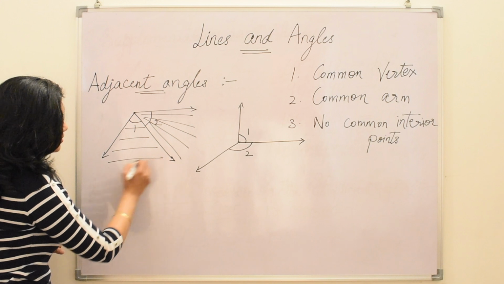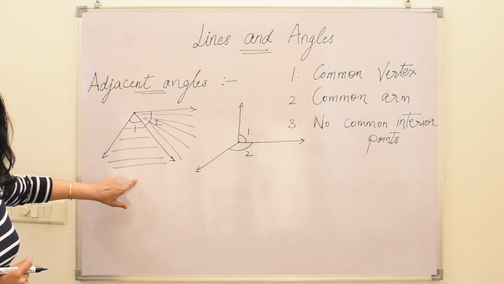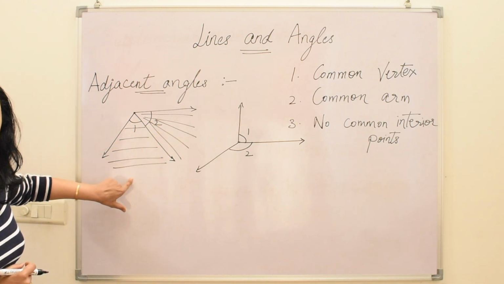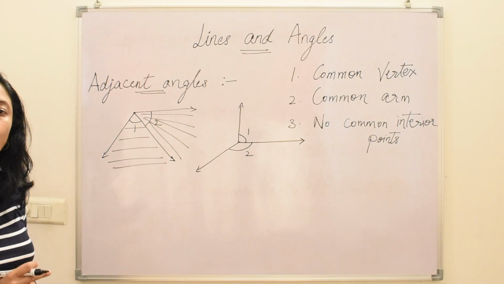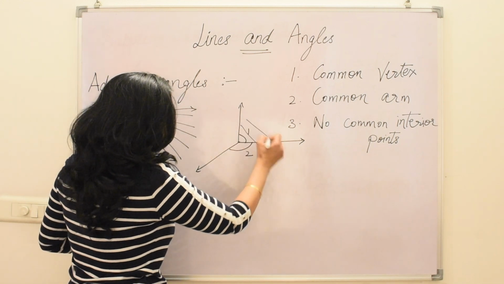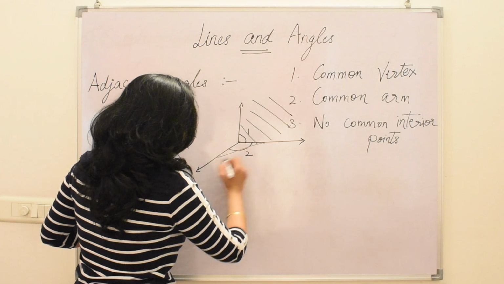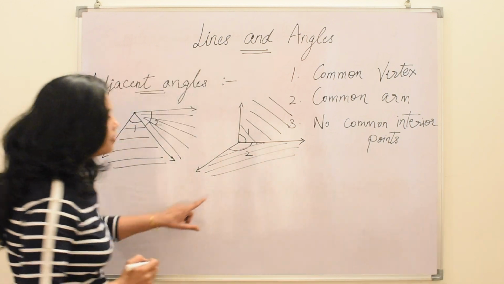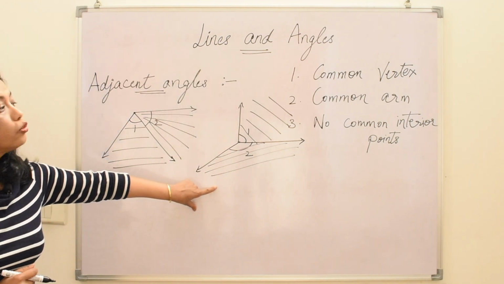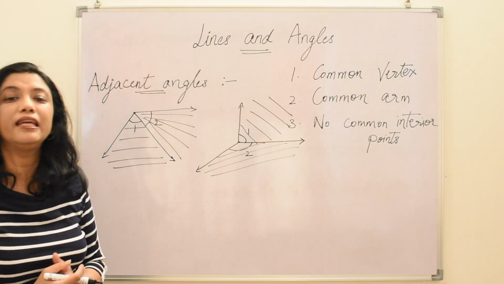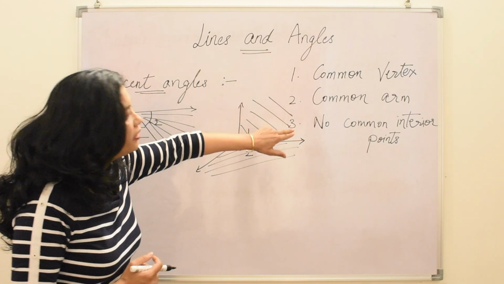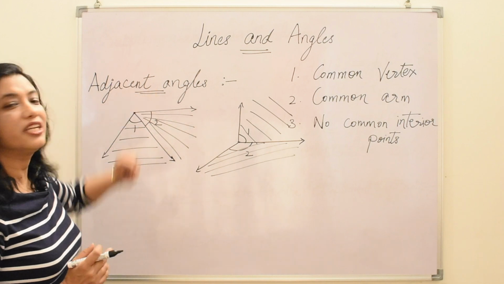The interior of angle 1 is this. They do not share the interior. They both have individual interiors. So they should not have common interiors. Here also, both the angles have different interiors. So they should not share common interior points. These are the three main characteristics of adjacent angles.